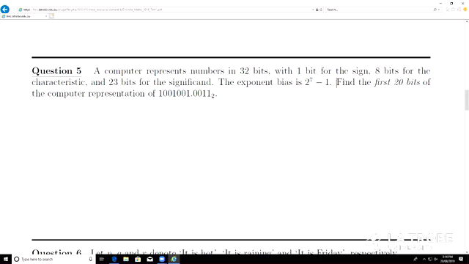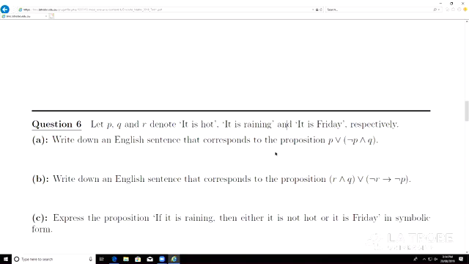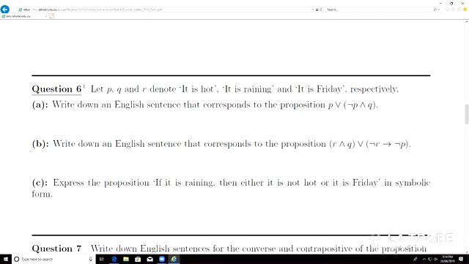Then you are asked to find the first 20 bits of this number. You express that first in normalized binary exponential form. Sign is positive, that is 0. Then you find the characteristic, 8 bits, and 12 bits are nearly given here to you. So extremely easy, nearly.